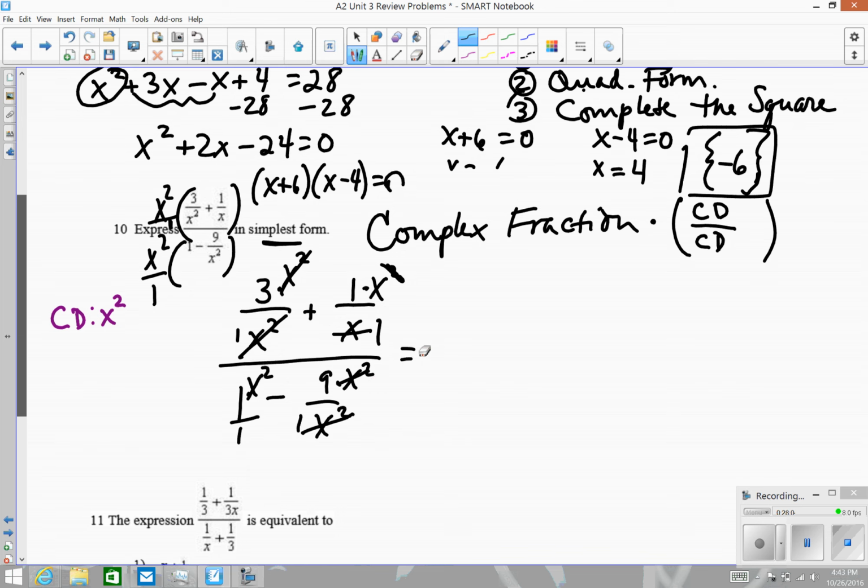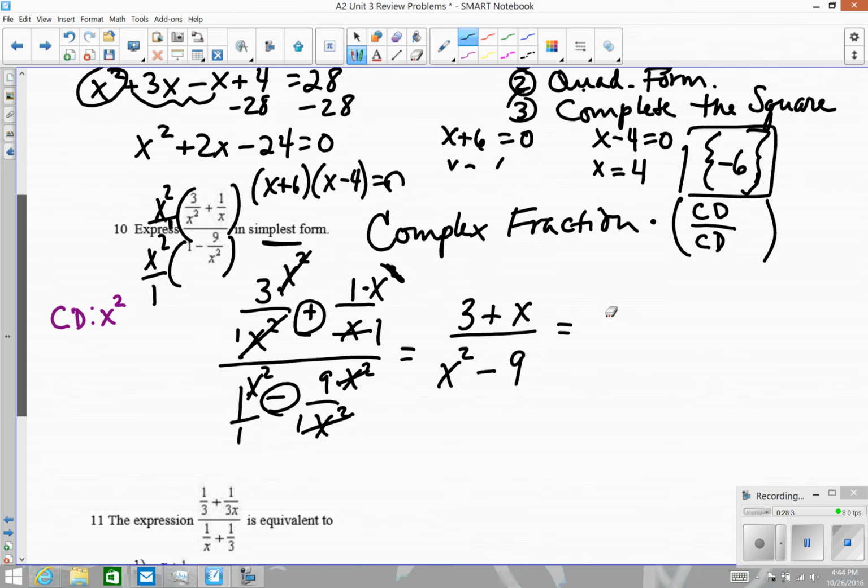So if I rewrite this now, I'm going to have 3 over 1, or 3, plus, from this plus here, x over 1, which is just x, all over x squared over 1, which is x squared, minus, from this minus here, 9 over 1, or just 9. This becomes much easier now to simplify.